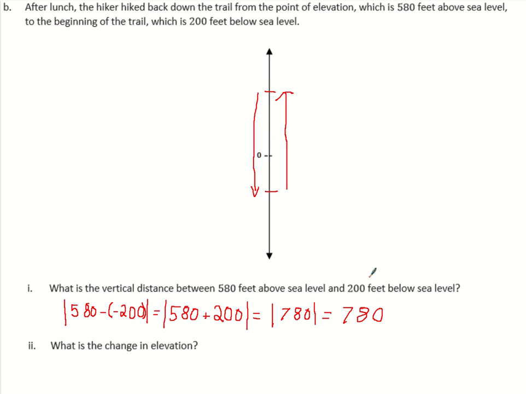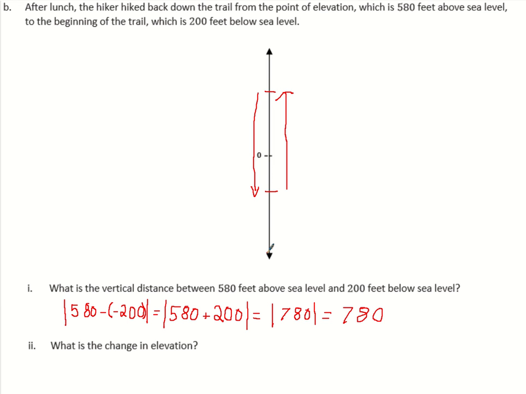So the distance, it's the same distance. Whether we're going up the trail or down the trail, the distance that our elevation is changing is the same. But our change in elevation this time is going downwards.